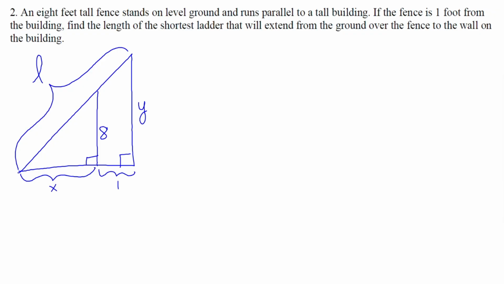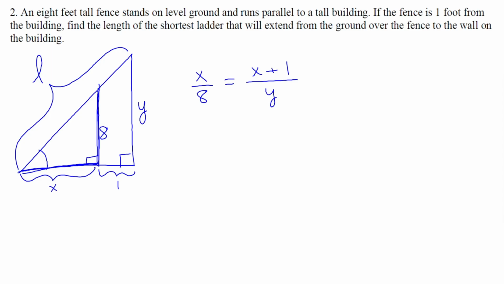Okay. And we can then use a ratio of similar triangles here to note that the ratio of X to 8, so the length of this distance to the length of this distance, like the legs of that smaller right triangle, should be equivalent to the entire x plus 1 across the bottom to the other leg of y on the bigger right triangle, right?